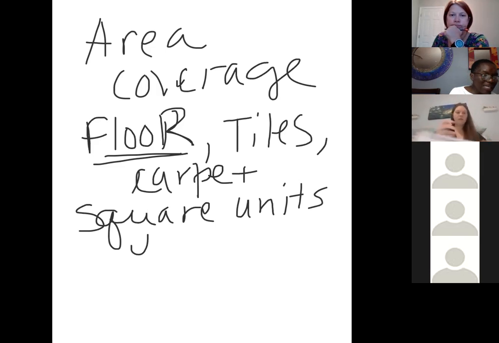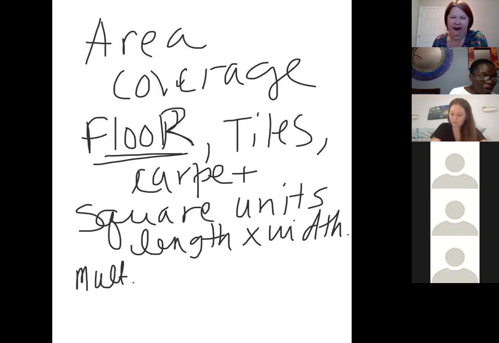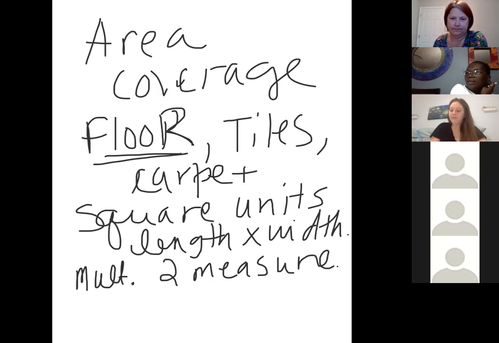So it has a length and it has a width. Here, we are basically looking at 2 measurements. We are multiplying 2 measurements together. One of the ways to measure area is to use a square unit.